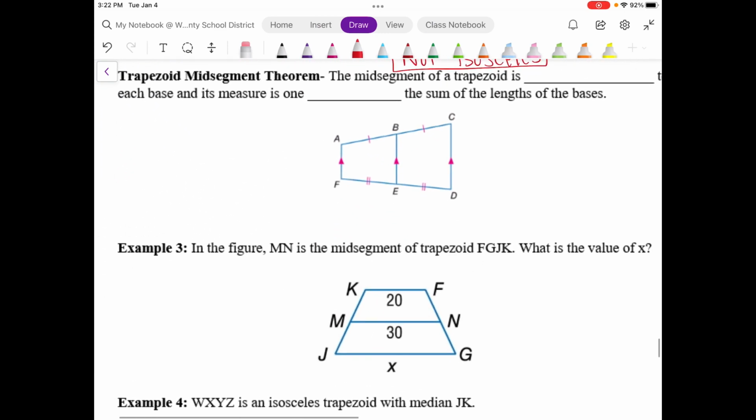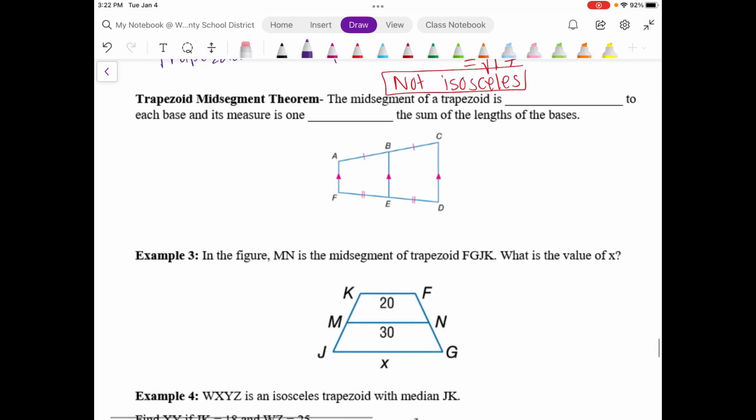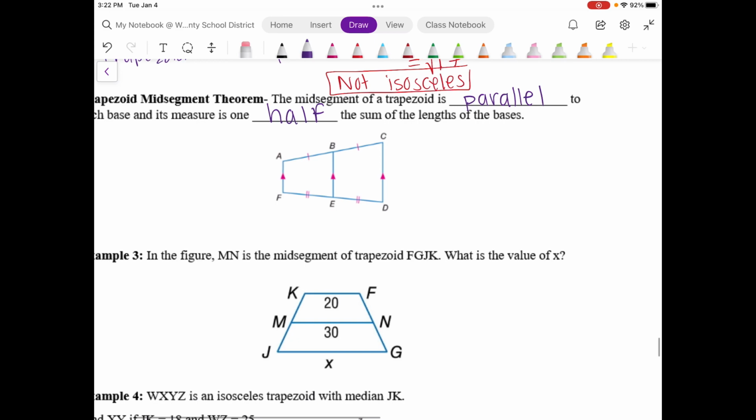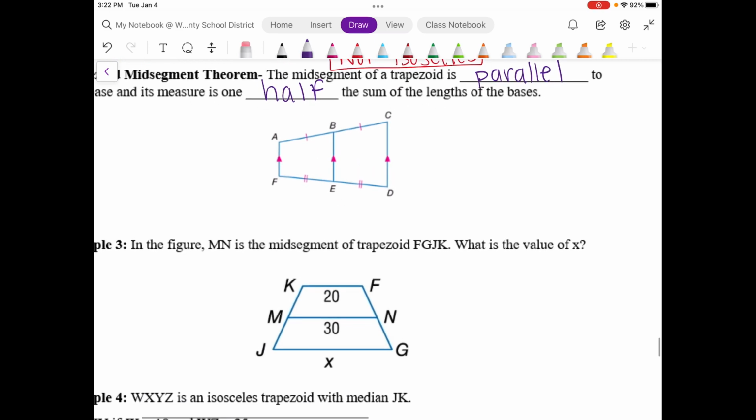Going on to the next page, we have trapezoid midsegment theorem. The midsegment of a trapezoid is parallel to each base, and its measure is 1/2 the sum of the lengths of the bases. So let's write this out kind of like an equation.